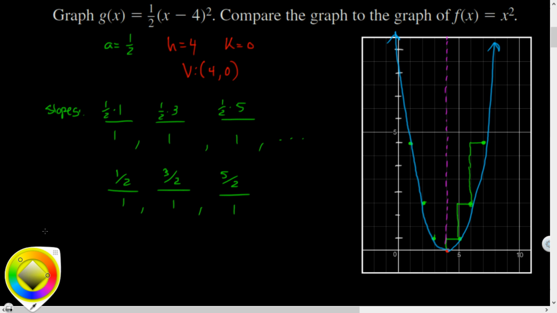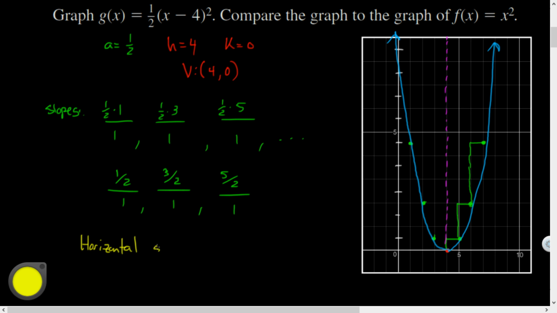Now, in terms of answering their question, they wanted to compare it to the parent function. This was a horizontal shift. How many units right was it shifted from the parent function?